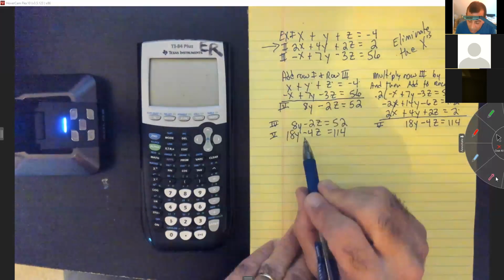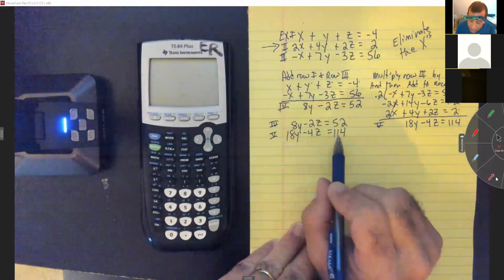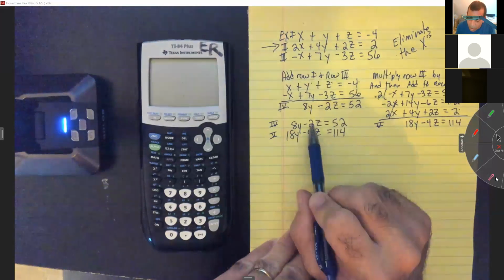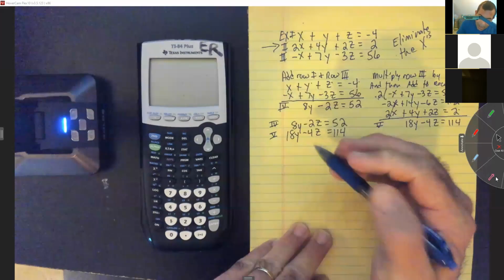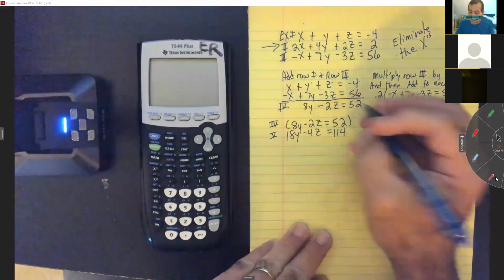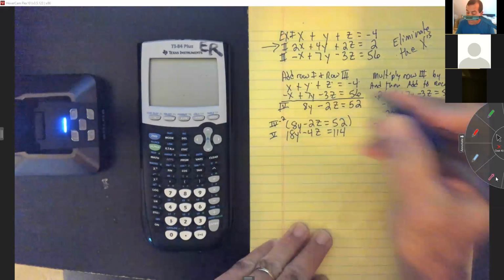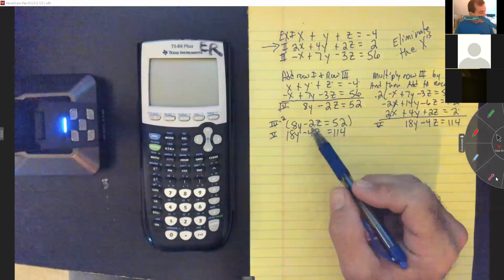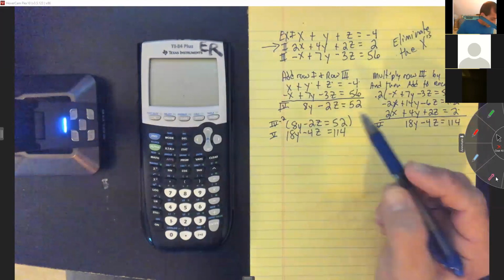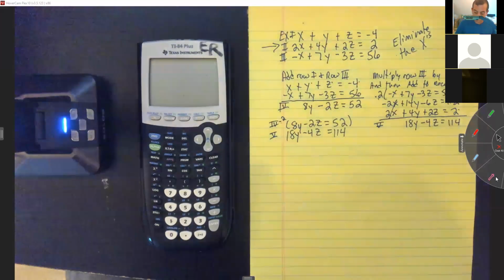All righty, so nothing looks easy to get rid of, but I've got a -2 here and a -4 here. I'm going to multiply this row by a -2 because -2 times -2 will make that a +4, and then that 4 will cancel with that -4.